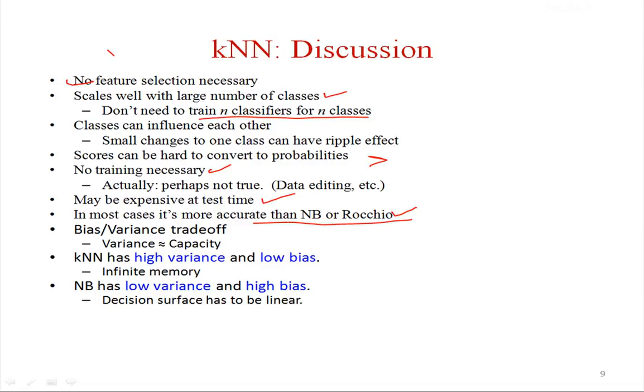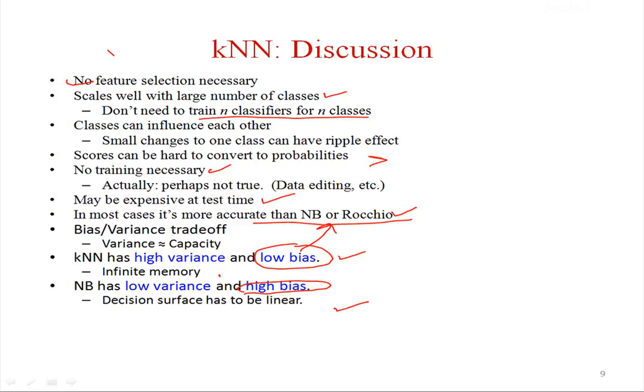Bias-variance trade-off. k nearest neighbor has high variance and low bias. This makes this classifier more robust with respect to naive Bayes and Rocchio, while the naive Bayes classifier shows low variance and high bias, and its decision surface has to be linear.